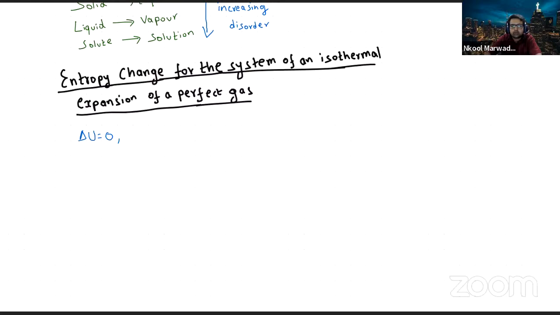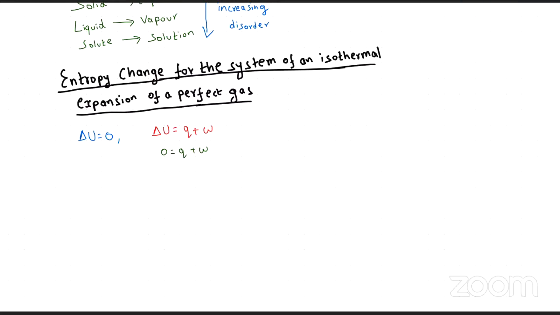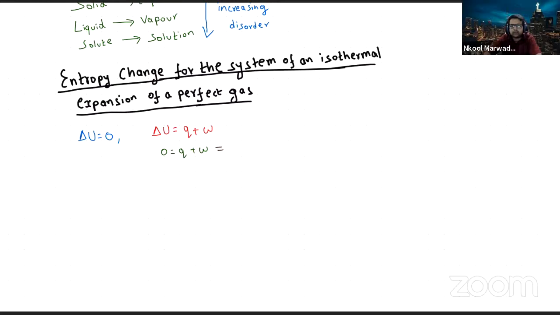The first law says that delta U is equal to Q plus W. Since delta U is zero, I can write 0 is equal to Q plus W, or Q is equal to minus W. In an isothermal process, this condition holds.